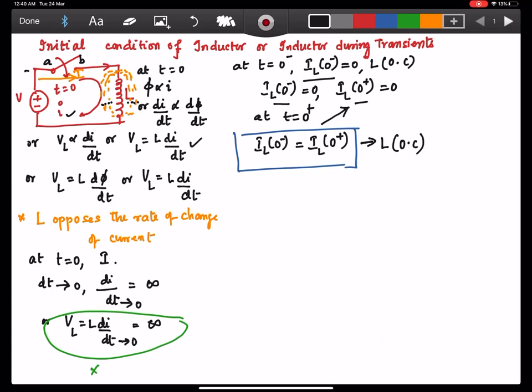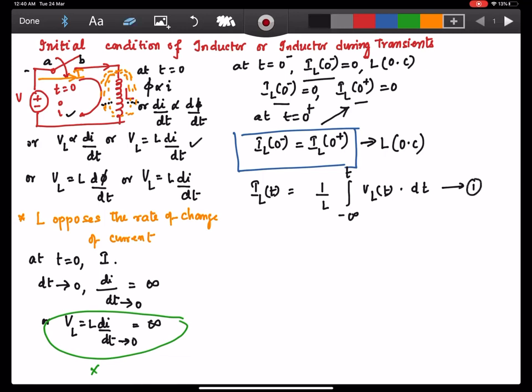In other words, let us define the current across the inductor as IL of t equal to 1 by L integral from minus infinity to t of VL(t) multiplied by dt. This is equation number 1.